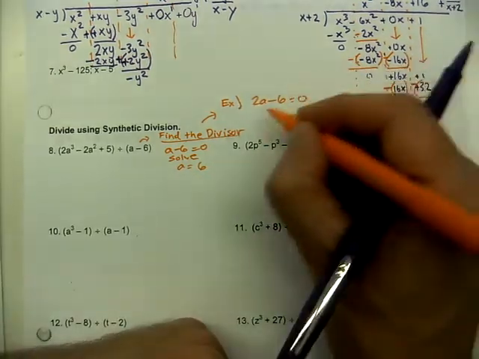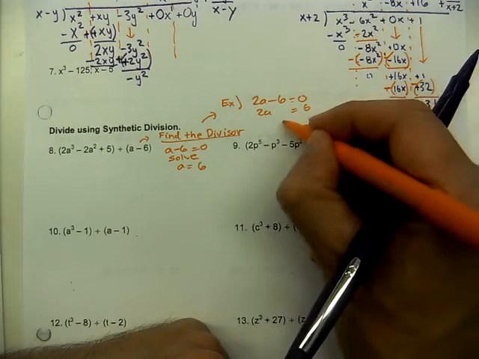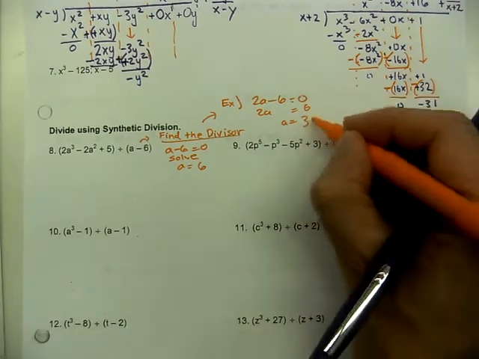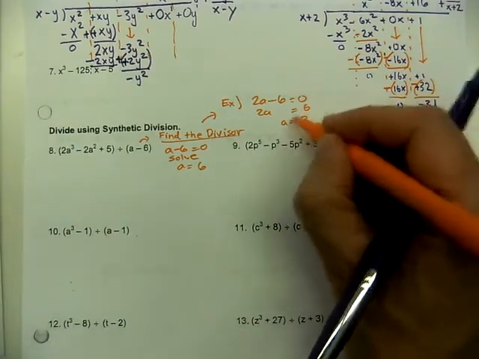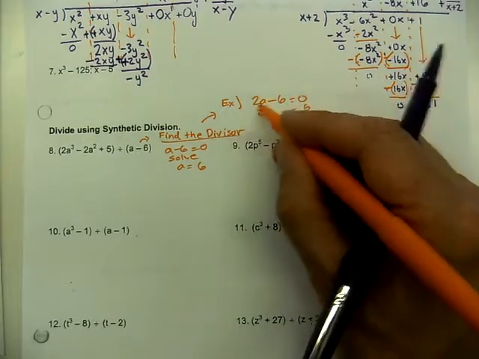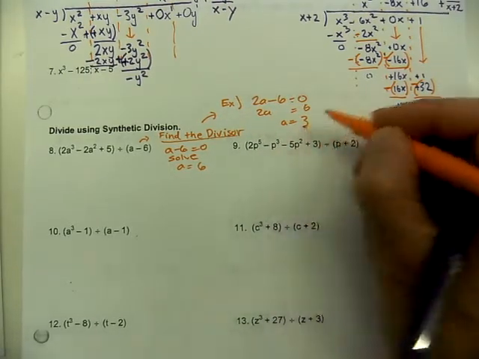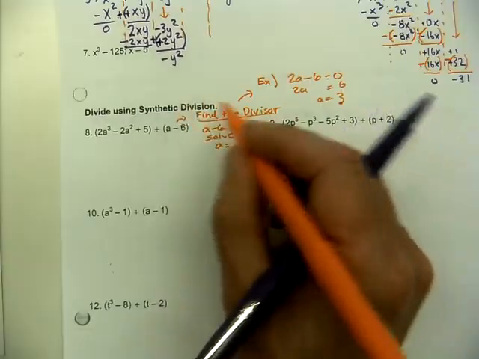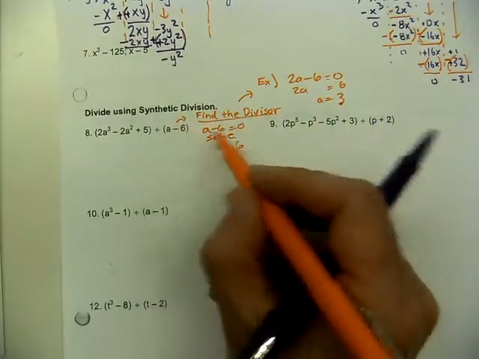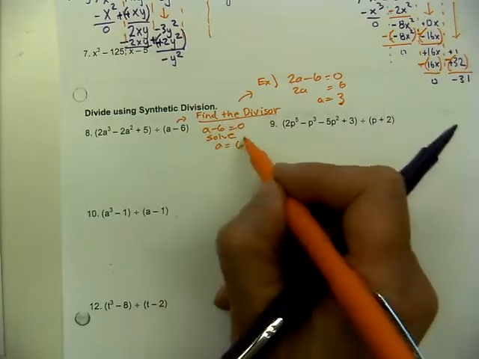If that was your divisor, then notice a couple of steps later, you end up with 3. So in the synthetic division problem, if that was your divisor of 2a minus 6, you would actually be using a value of 3 in the process. But for this problem number 8, it's just a one-step problem, and we end up with positive 6.